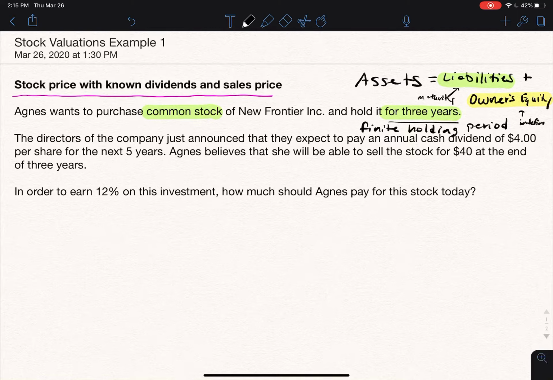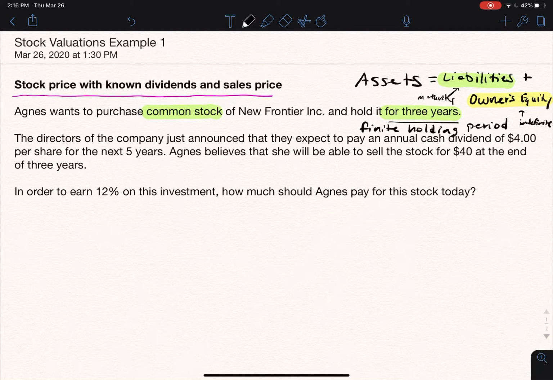And if you remember from, I think it was chapter 4, anytime that we value a financial instrument with an indefinite outcome, that kind of puts us in the realm of a perpetuity. Whereas a debt instrument is more similar to an annuity, because there's a finite holding period, or there's an end in place, right?